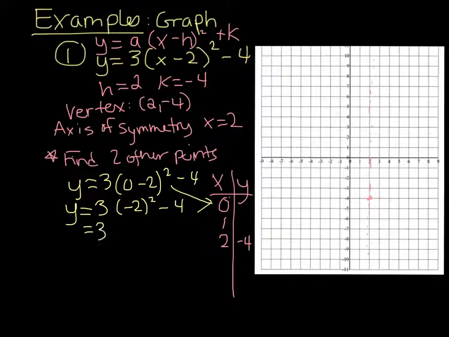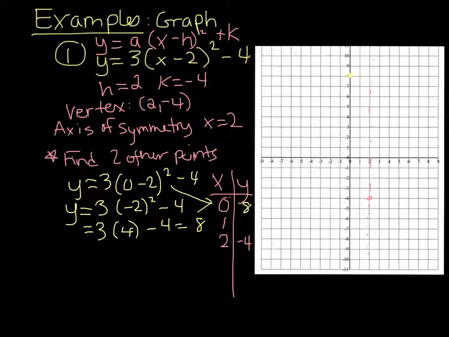And (negative 2) squared is negative 2 times negative 2. So that gives you 3 times 4 minus 4, which gives you 12 minus 4, which is just 8. So you can go ahead and draw the point (0, 8) on your graph. By the way, that's actually your y-intercept.